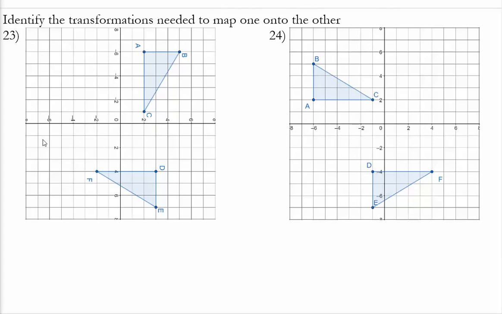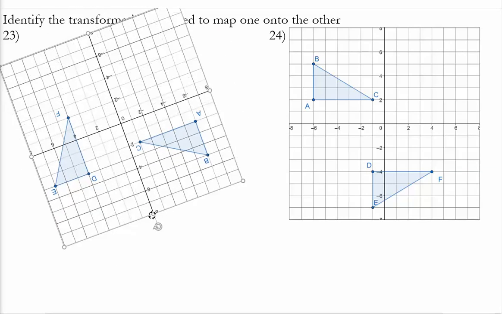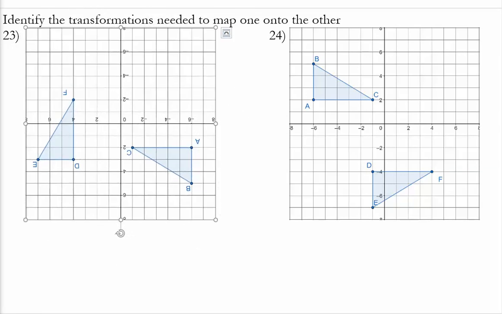Alright, and then on 23, let's talk about these. We're going to try to figure out, how can we get ABC to map onto DEF? And just paying attention to the orientation, this looks like a rotation. So if we rotate ABC 90 degrees, we see that these will be the locations of those points.